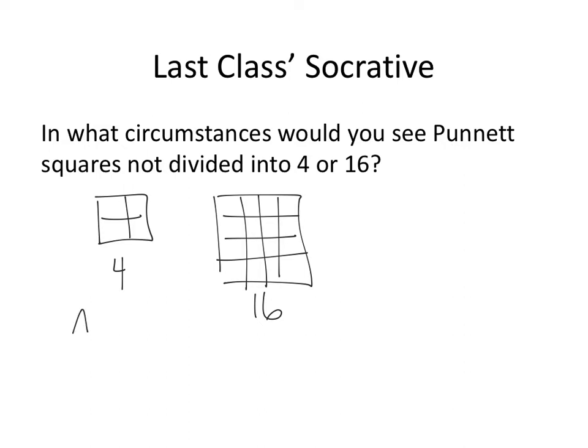If you have something like a heterozygote crossed to a heterozygote, then you've got two different types of gametes, two different versions of gene A, and that's why this square is divided in half vertically and in half horizontally, because each parent produces two different gametes. The exact same is true for the 16 square Punnett square. That's a dihybrid cross, like we just saw.